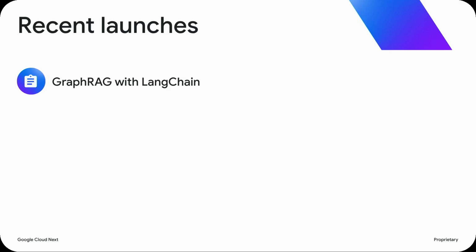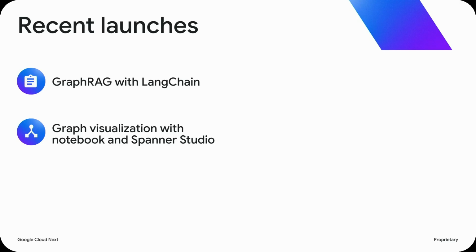Right now, you can use LangChain to turn a text document into a graph backed by Spanner Graph. You can actually ask natural language questions using LangChain. We have some fine tuning or prompt tuning to make sure the translation is correct. Many of you are already using it.